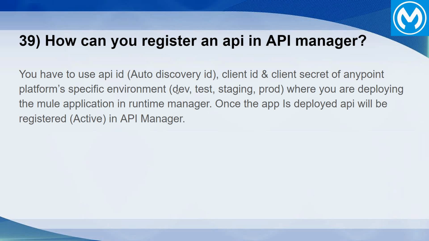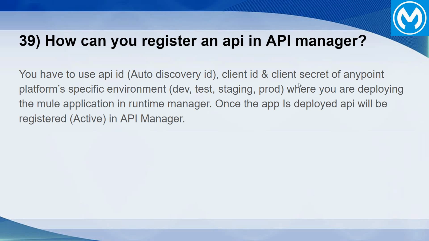If you are deploying to the dev environment, you have to get the Anypoint platform's dev client ID and client secret, or if you are deploying to staging or test environment, you have to get the corresponding client ID and client secret along with the corresponding API ID or auto discovery ID.